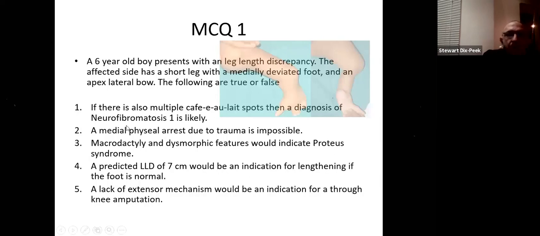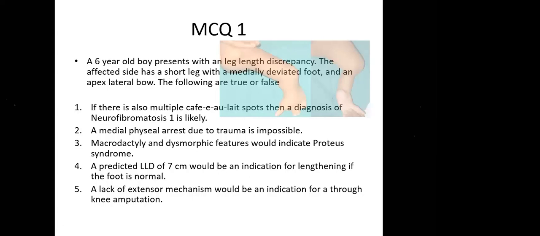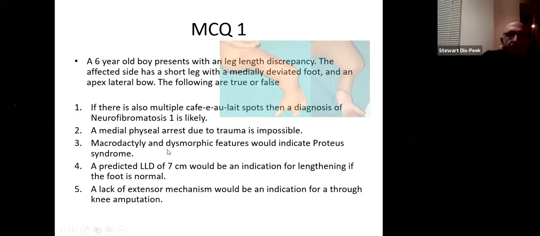A medial physeal arrest due to trauma is impossible. None of us really need to know anything except the fact that in medicine, nobody's going to mark impossible right. You agree? Yes. Fine. False. Macrodactyly and dysmorphic features would indicate Proteus. Well, yes, actually you could do. So you've got a weird thing and now you've got more weird things, so it could be right.